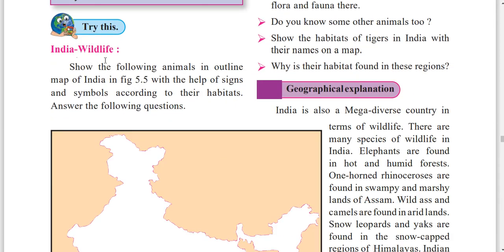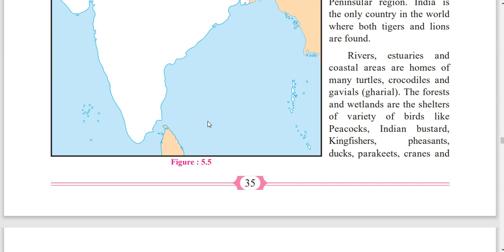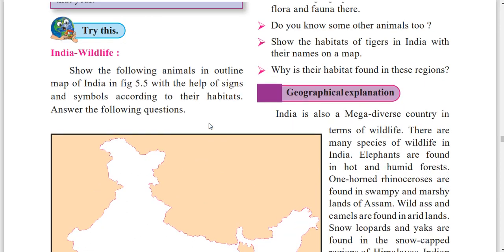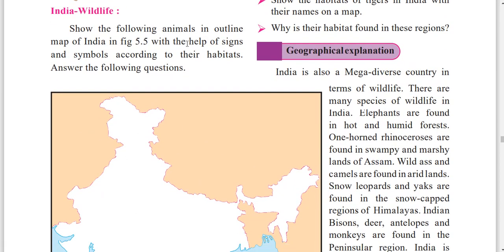Try this. India wildlife. Show the following animals in outline map of India in figure 5.5. This is the figure 5.5 blank map. This is the map of India in which you have to highlight, you have to outline according to their habits.